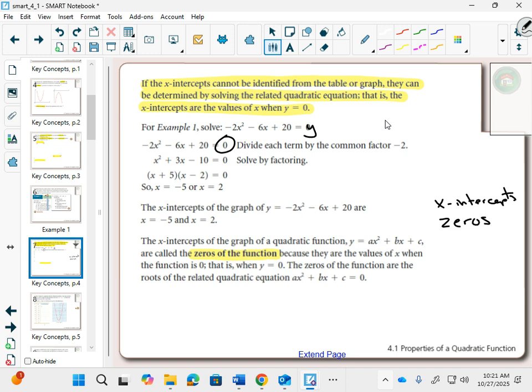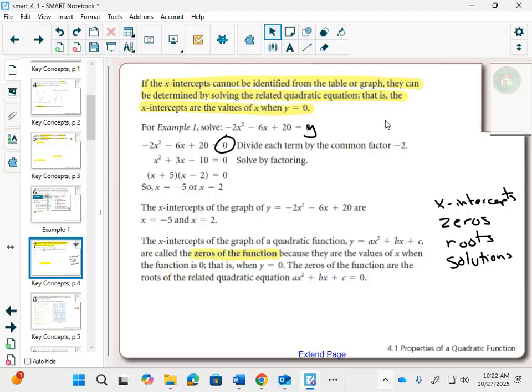Sometimes on an equation we talk about zeros. Sometimes with a quadratic formula we talk about roots. And if we have a question that we're trying to solve, sometimes we talk about solutions. So all of these words mean the same thing in a quadratic equation. Sometimes you want to find the x-intercepts or the zeros or the roots or the solutions. They all mean the same thing.